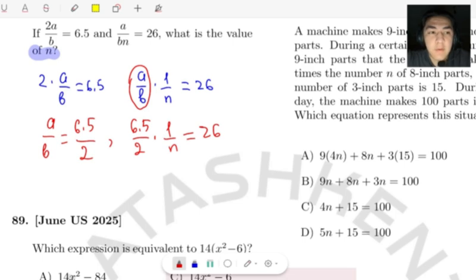If we find our n from here, 1 over n is going to be 26 multiplied by 20 over 65, guys, right?